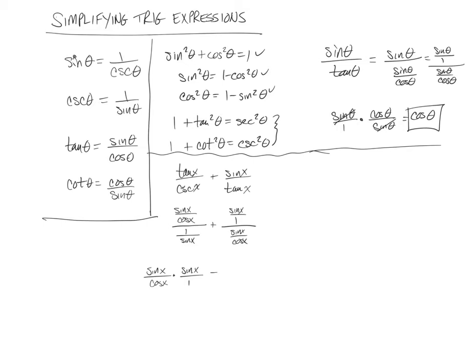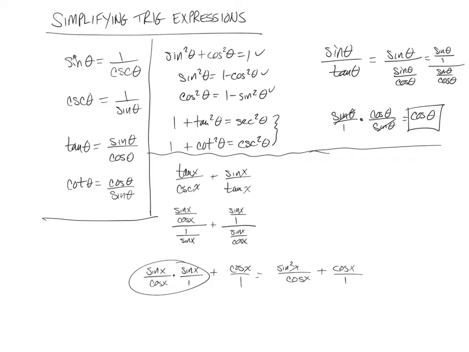And that is being added to that second fraction, which we saw up here turned out to be cosine of theta, so we might want to write that as cosine of x in this case. So we now have a sine squared from this first quantity being over cosine, being added to a cosine over 1.